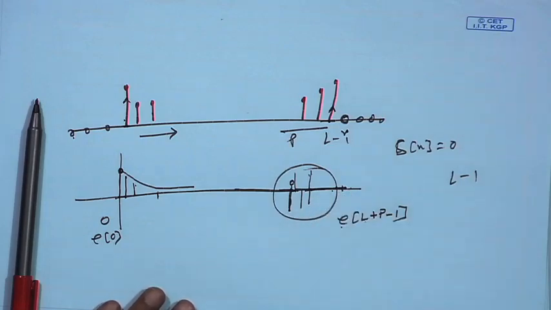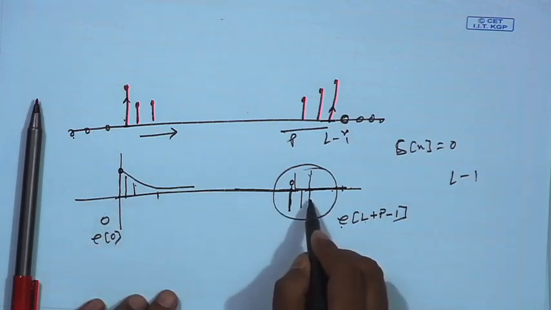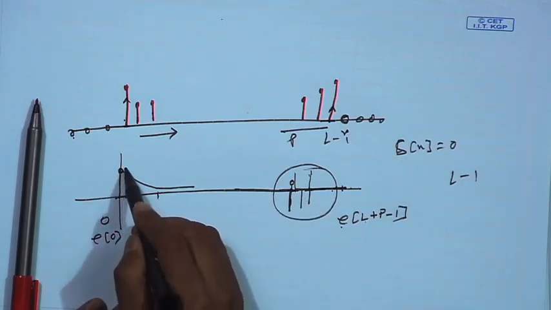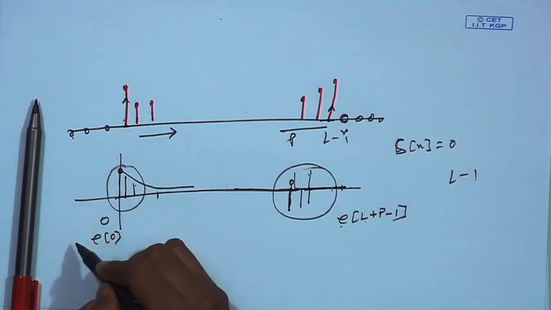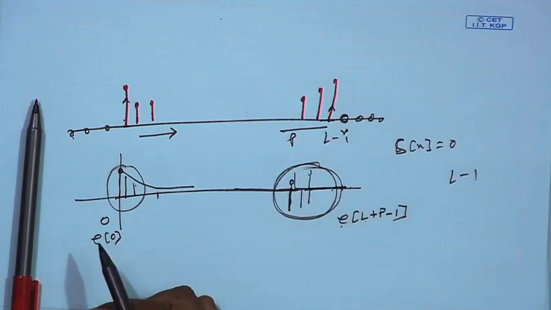Okay. So, this is called the LPC error. If I see the LPC error, at the beginning of the window the LPC error will be maximum and at the end of the window the LPC error will be maximum.